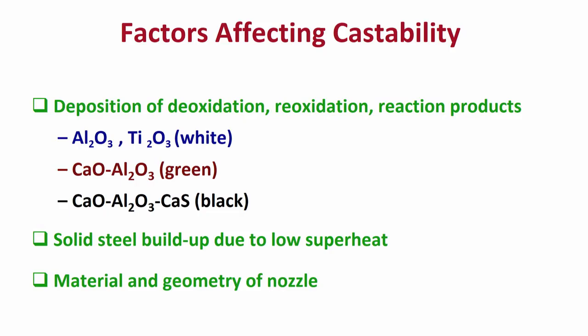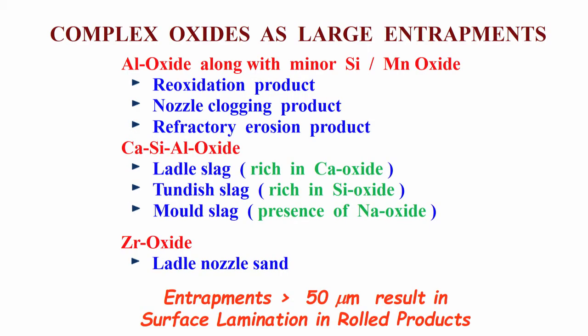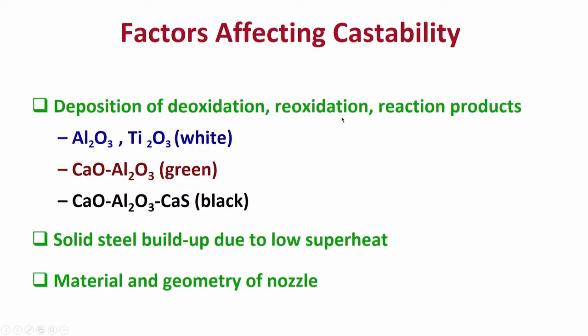Now, as I was talking about nozzle clogging, here we are talking of the nozzle clogging product. So, now let us see how during casting it can affect the castability.